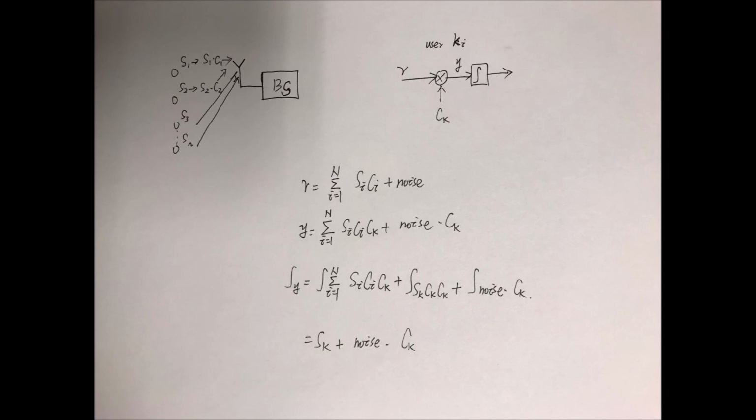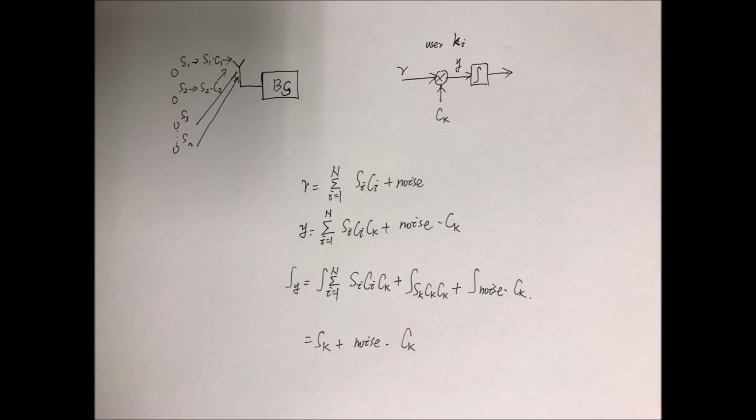So the received signal R will be the sum of Si Ci, plus maybe noise. This is the signal I received at the base station.